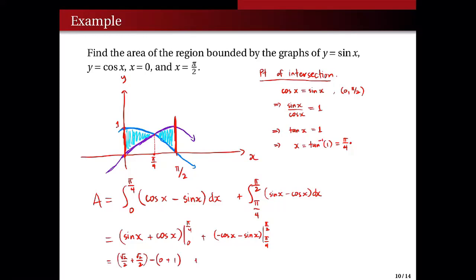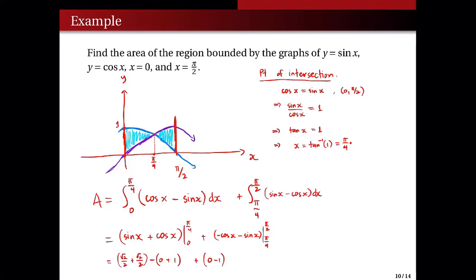So that's the left here. For this one here, we have cosine pi over 2, that's 0. So we have 0 here. And then sine pi over 2, that's 1. So we have minus 1 in here.